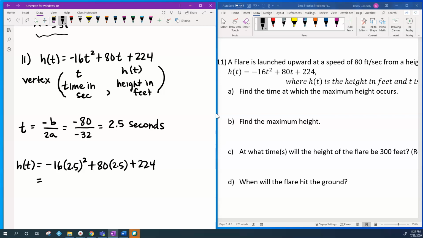If not, make sure you're using the order of operations so you do this correctly. Go ahead and type in the chat box when you have an answer. What is that height? Okay, awesome. So we're coming up with the same thing, 324 feet.